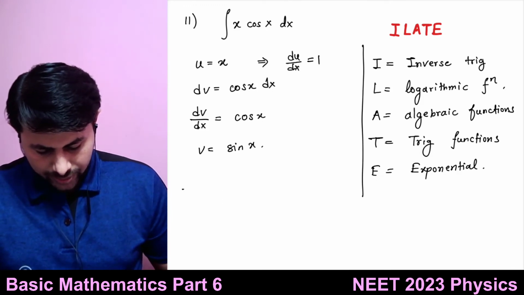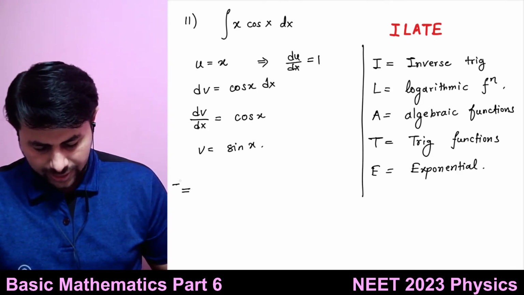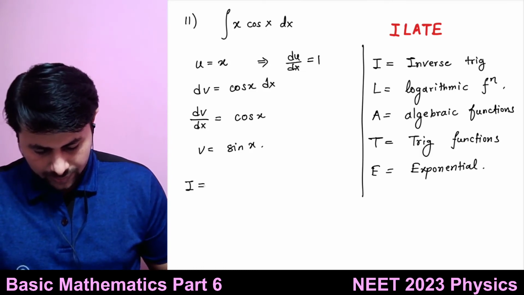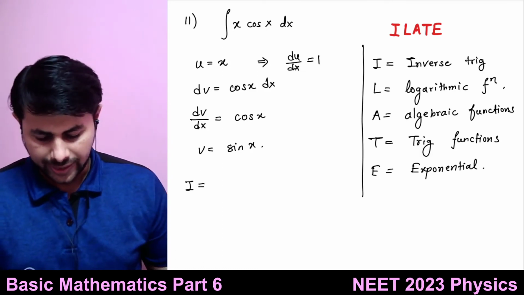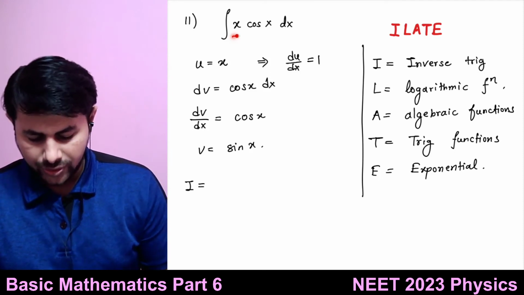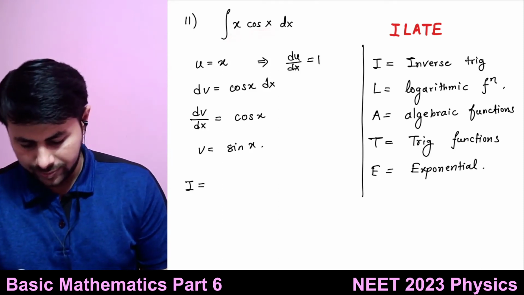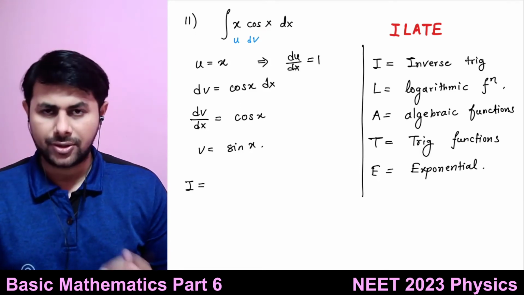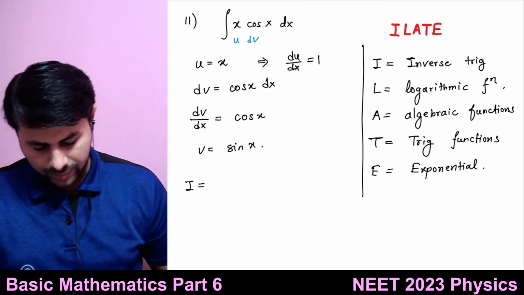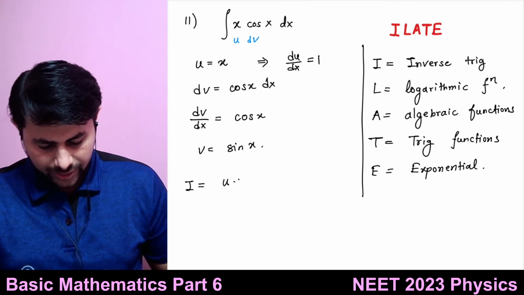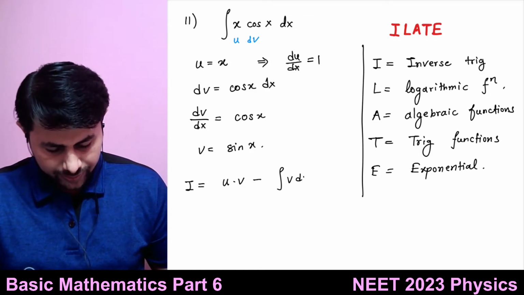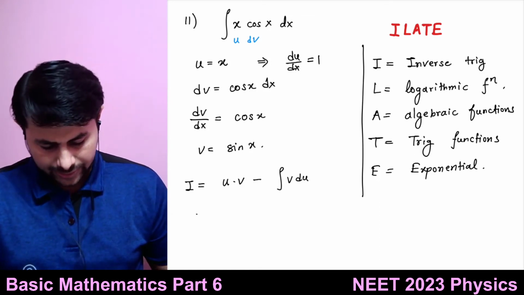So I can write this integral as u times v minus integral of v du.